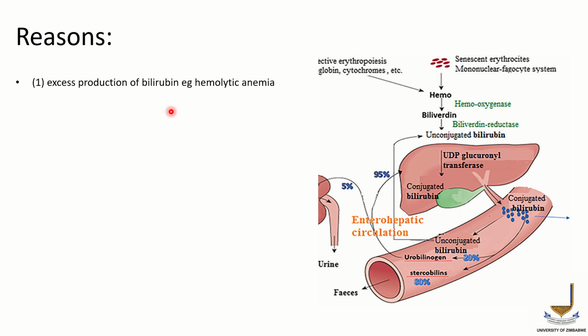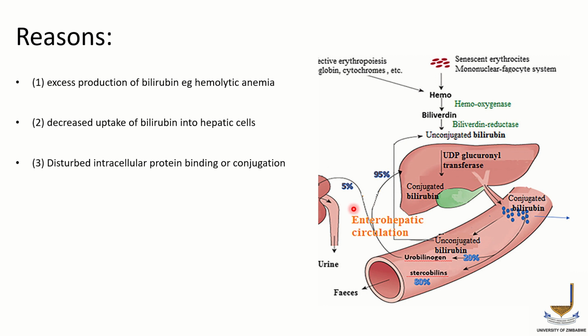This can lead to excess production of bilirubin, and also decreased uptake of bilirubin in hepatic cells, that is, in cells of the liver. This can also lead to jaundice, as the concentration of bilirubin in the blood will be high.